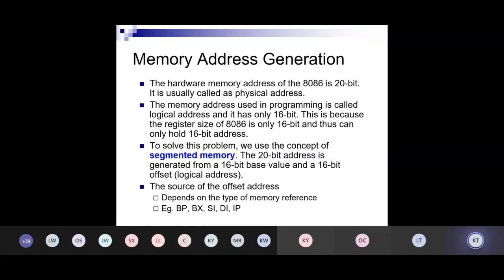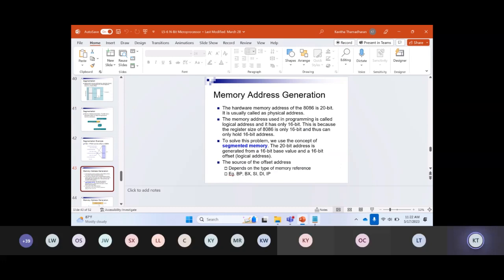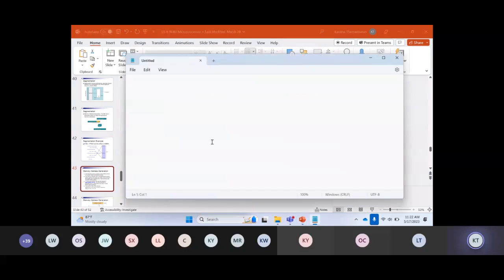How do you decide the offset value? It depends on the type of memory reference. Remember I told you to memorize this: CS should always be paired with IP. Then DS is always paired with, anyone remember?